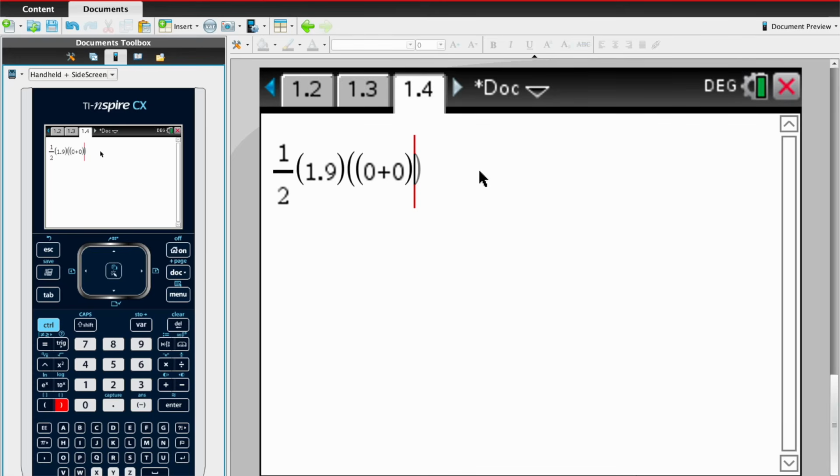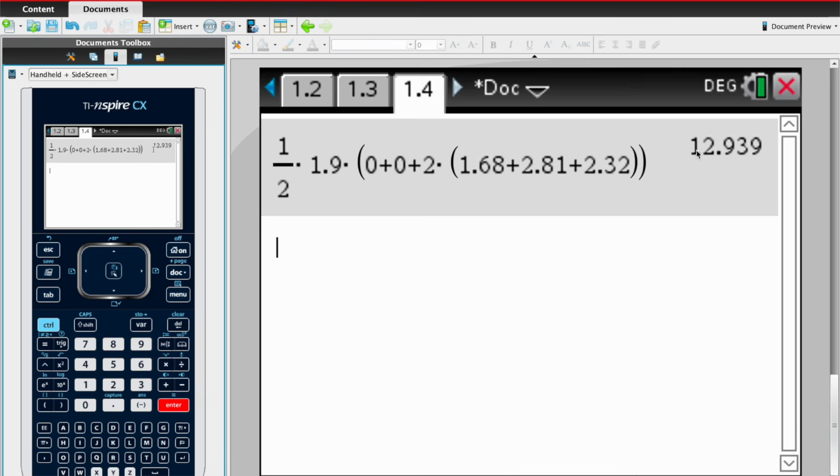So 0 plus 0 plus 2 times, this was all of those middle values, 2.81 plus 2.32. All right, half times 1.9, 2 times 1.68, 2.81, 2.32. This looks good. All right, so for the cross-sectional area, our estimate is 12.939, or 12.9 to 3 sig figs.